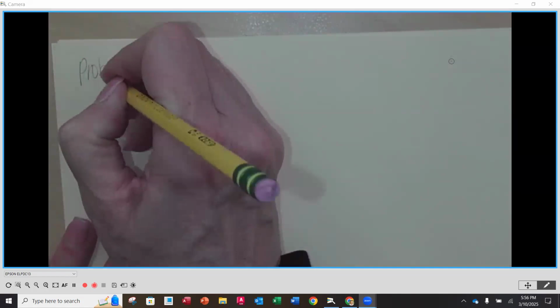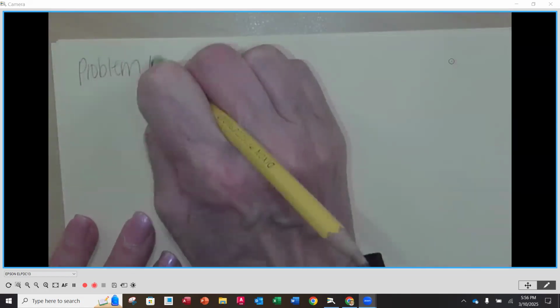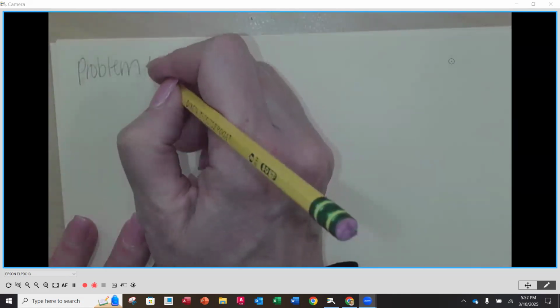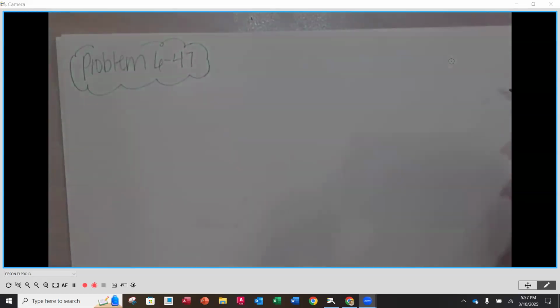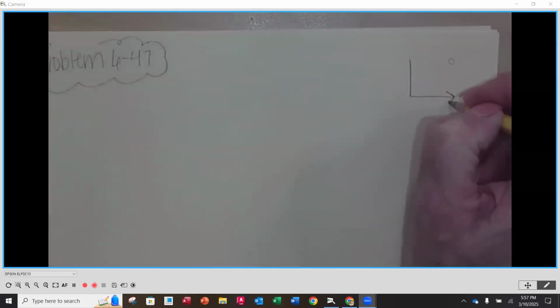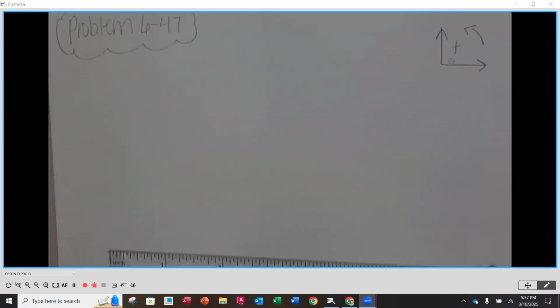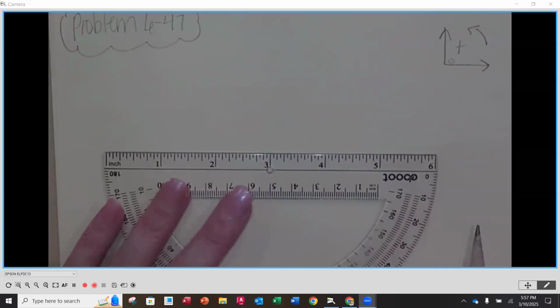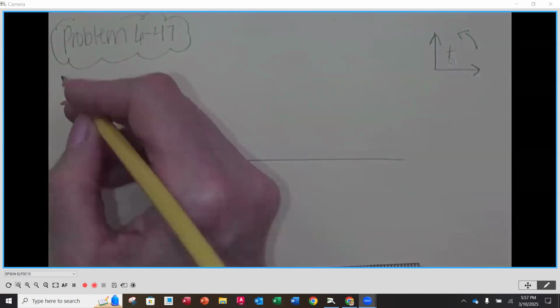Okay, so I am going to start by saying that this is problem 647. Right. And I'm going to put my convention in the upper right-hand corner right away so I don't forget. And then I'm simply going to draw my free body diagram. Now my free body diagram is going to be simplified.